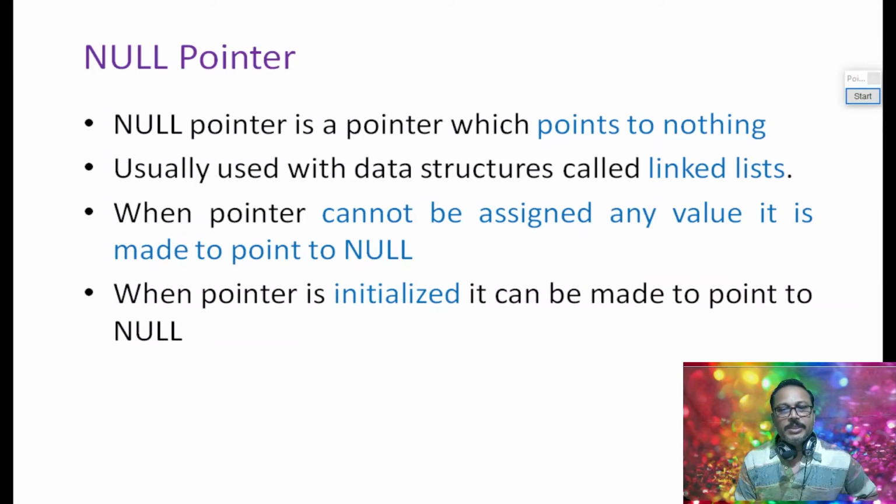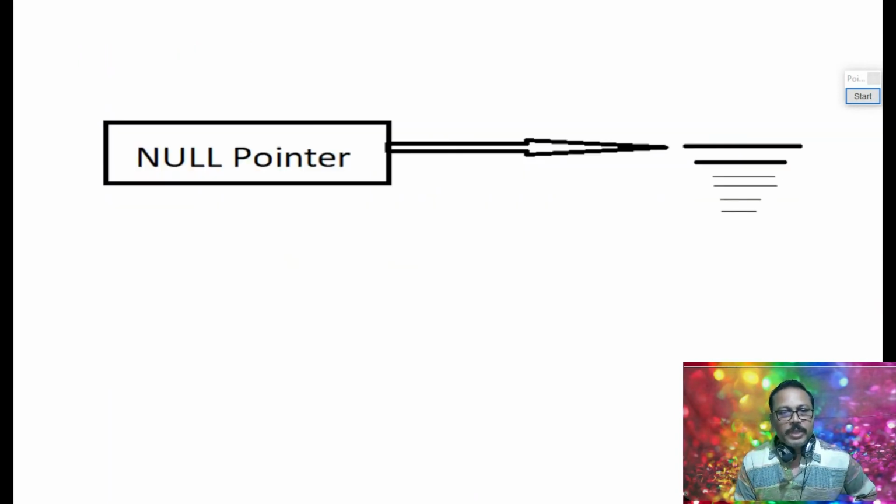When a pointer is initialized, it can be made to point to null. Diagrammatically it is represented like this: a null pointer points to nothing.